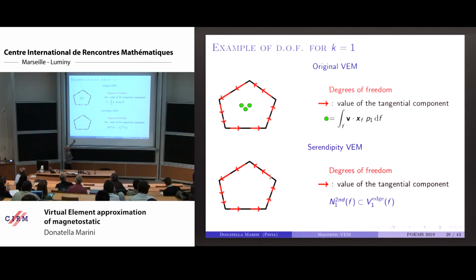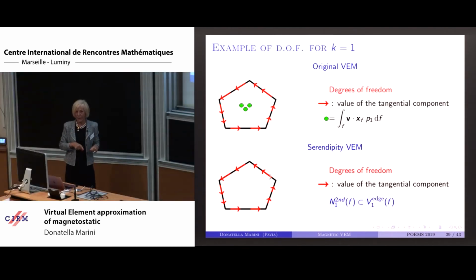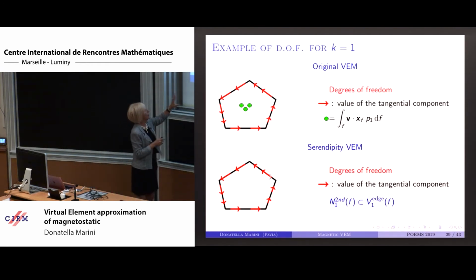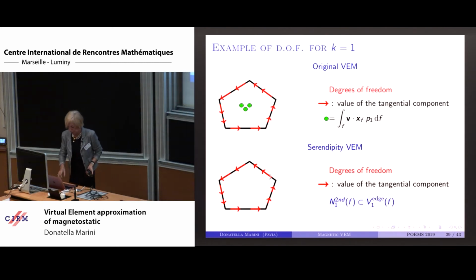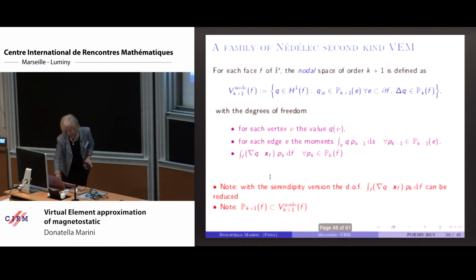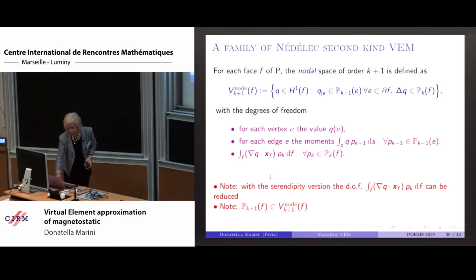So we obtain degrees of freedom that will be just those ones, exactly what we have in Nedelec second kind, which are included here. And if the polygon is a triangle, then we have exactly just Nedelec second kind of degree 1. And so for the other degrees, when possible.